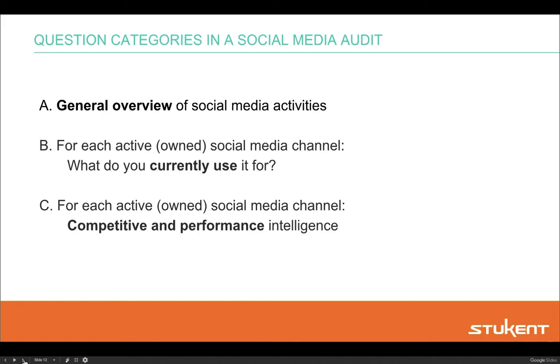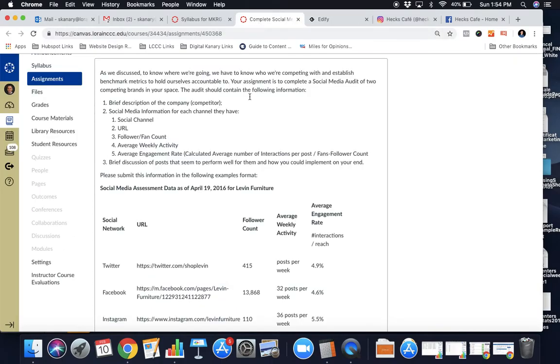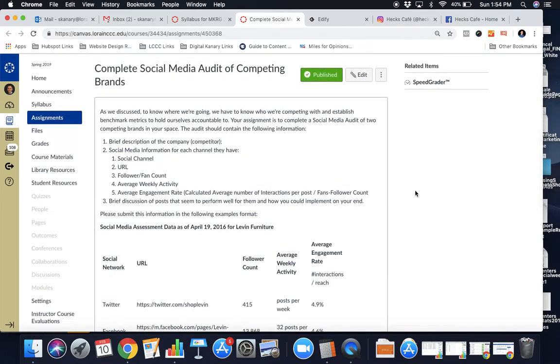For each active owned, you need to understand the competitive and performance intelligence. And we're going to go over some of these metrics to help you establish your current brands. So that's part 2 of this social media chapter, understanding and completing a social media audit.